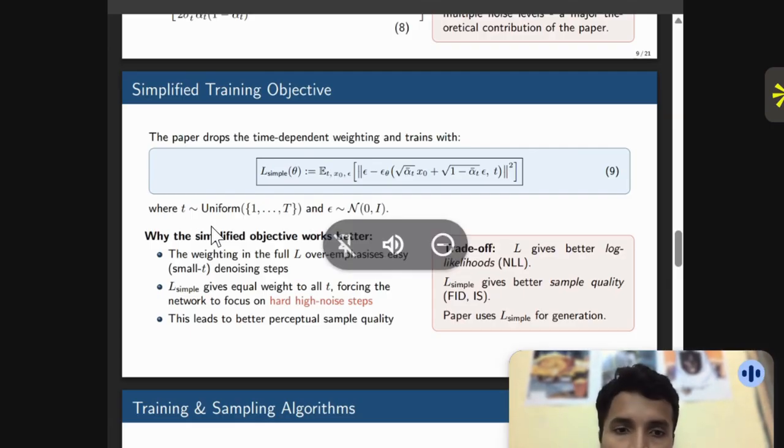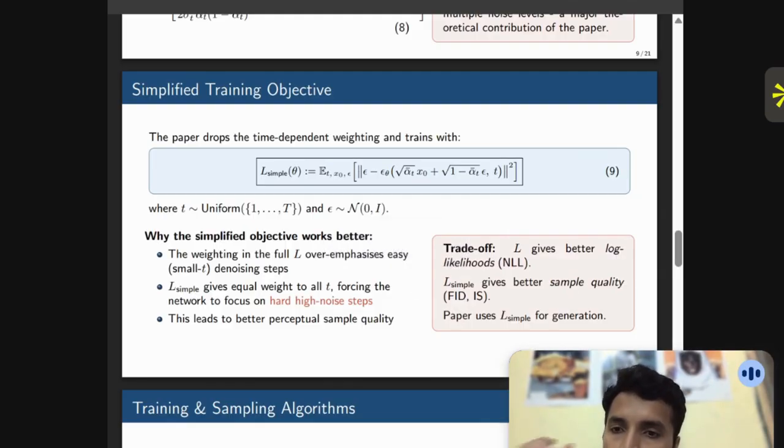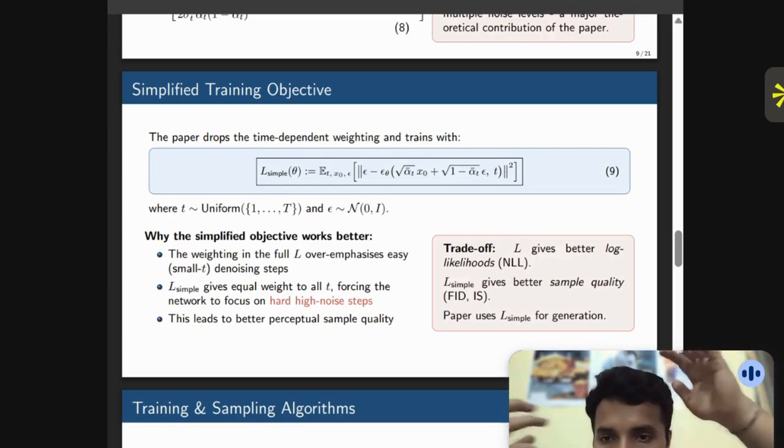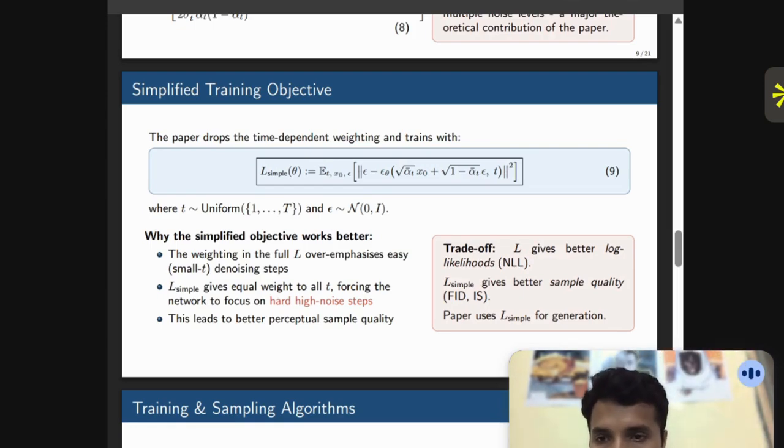This leads us to this equation, in which the loss function simplifies to a simple expectation of an L2 norm, which is the error between the noise and the noise that we are trying to predict.